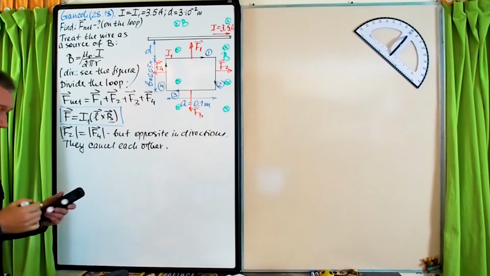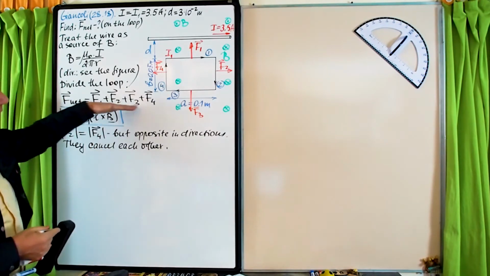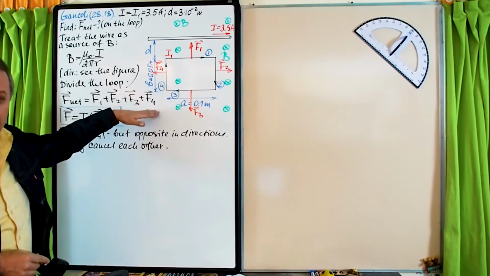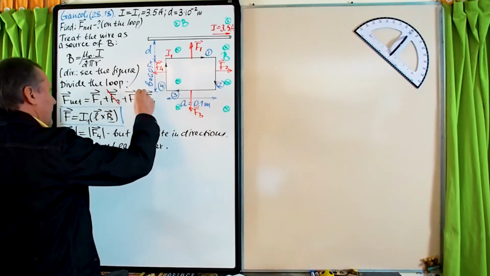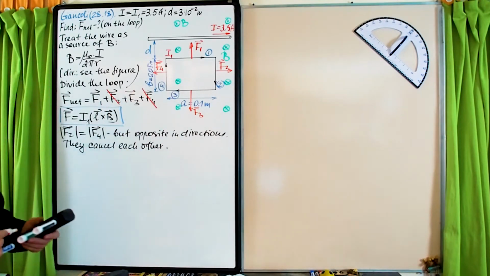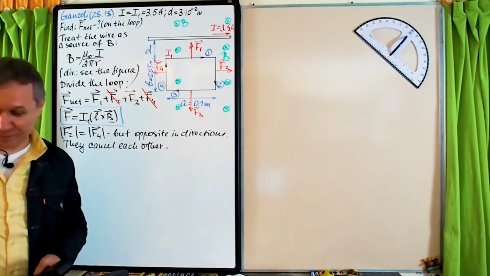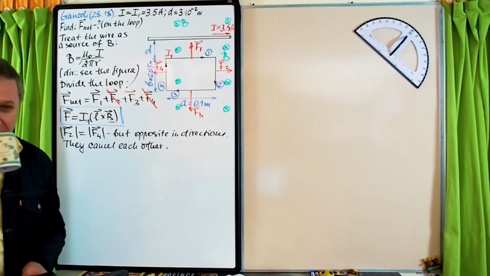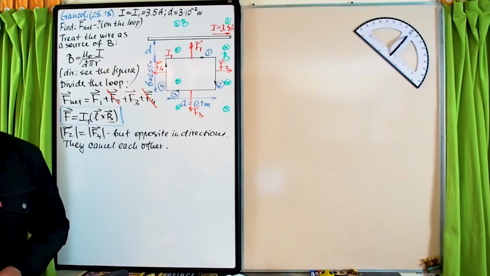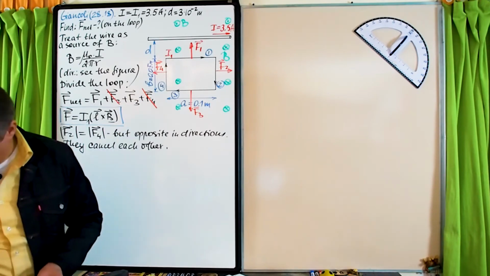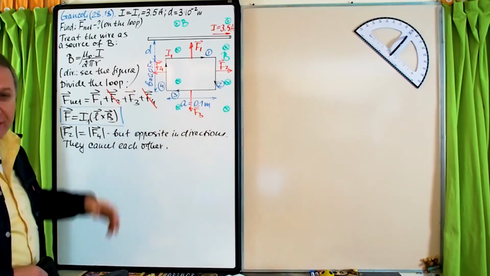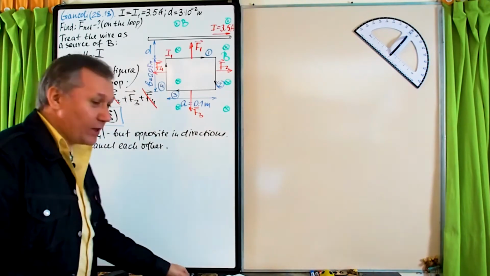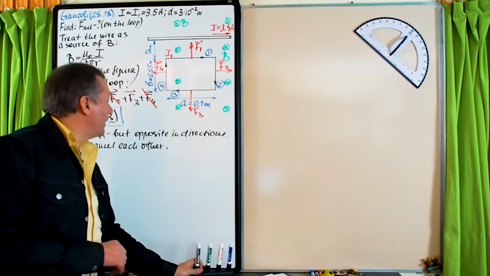From our expression for the net magnetic force, I can cancel this and this. Okay, less work to do. So it means that we need to find only F1 and F3.